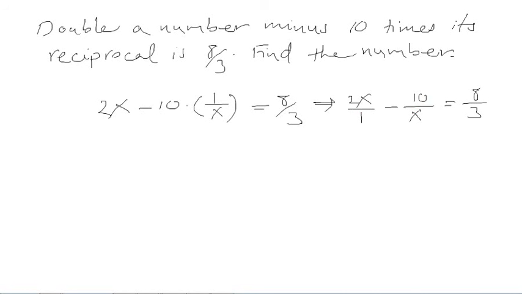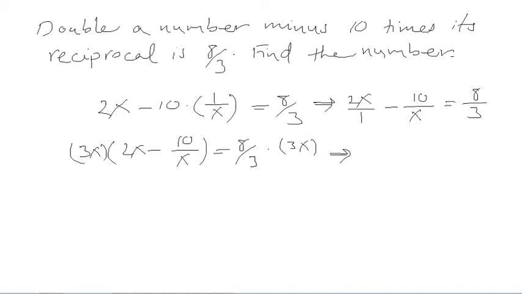And at this point, it is completely clear that my least common denominator is 3x. I multiply both sides by 3x. I get 3x times 2x minus 10/x equals 8/3 times 3x.